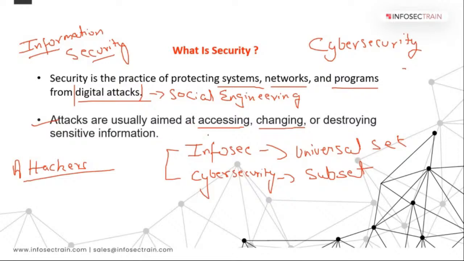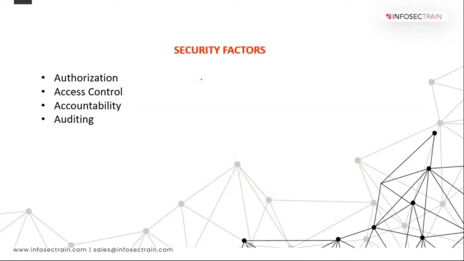Next, we have security factors. If I want to achieve security goals and provide better security, I have to rely on these four security factors. What are these four security factors?